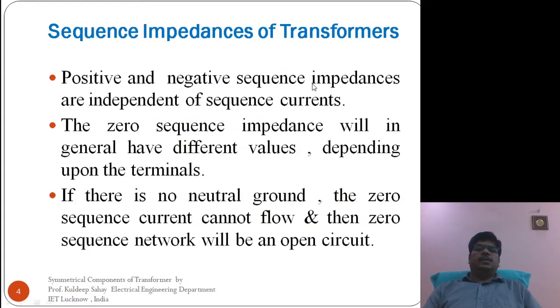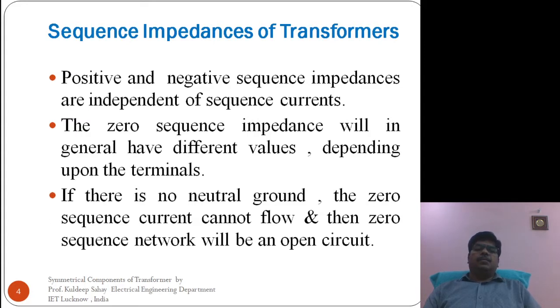Here you can see the first point: positive sequence and negative sequence impedances are independent of sequence current, while zero sequence impedance will in general have a different value depending upon the terminal, meaning whether the terminal is star, delta, neutral grounded or ungrounded.